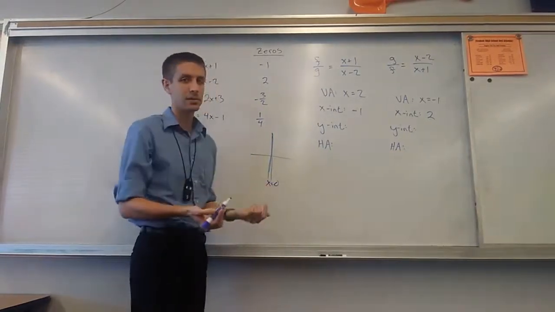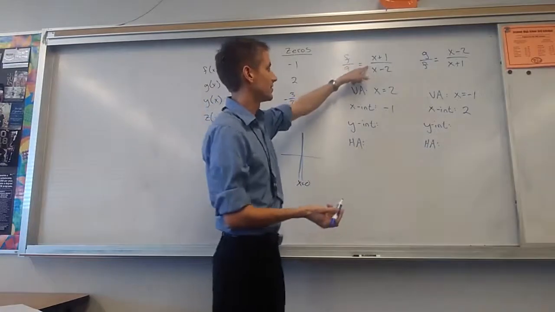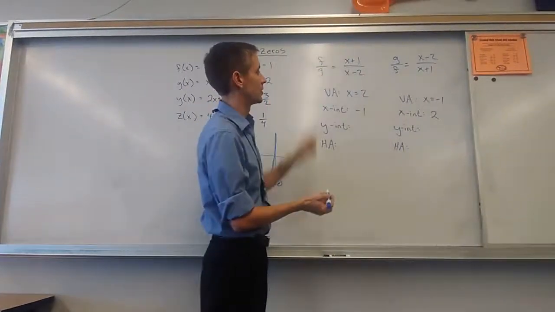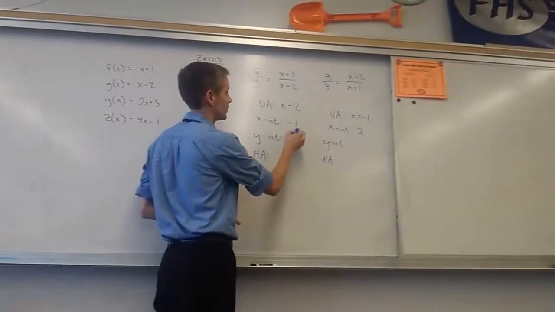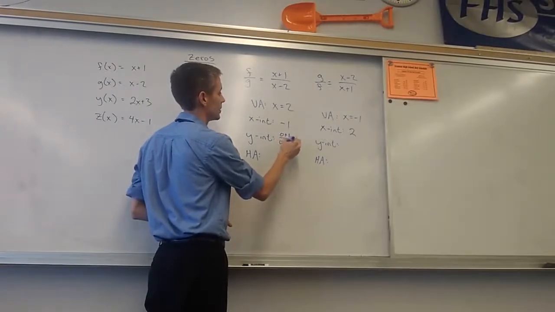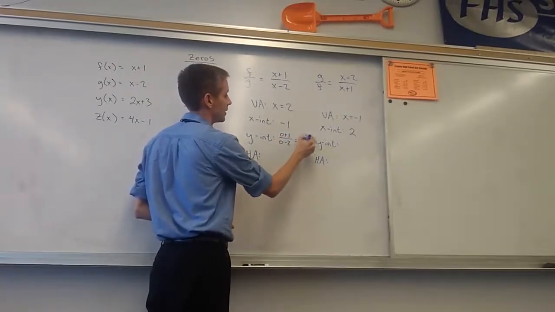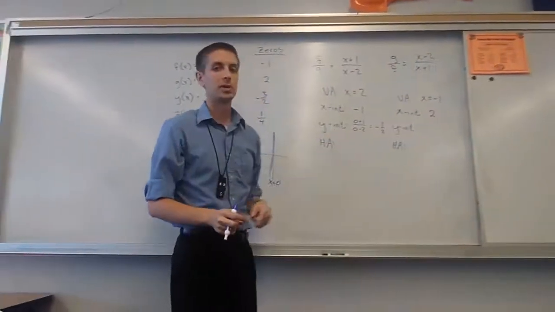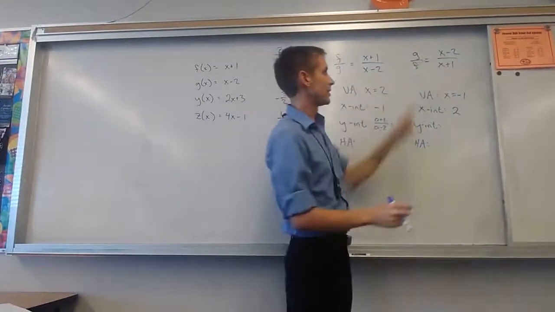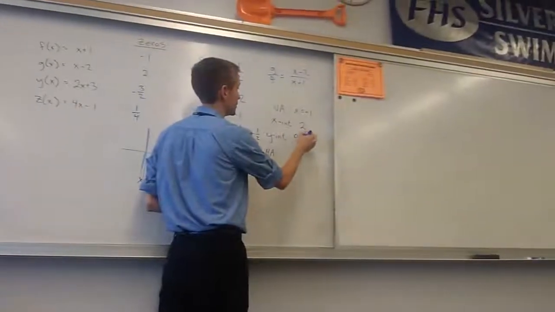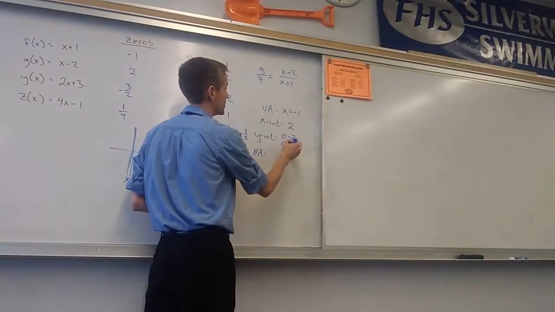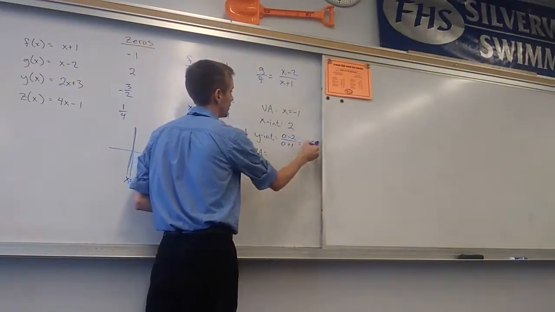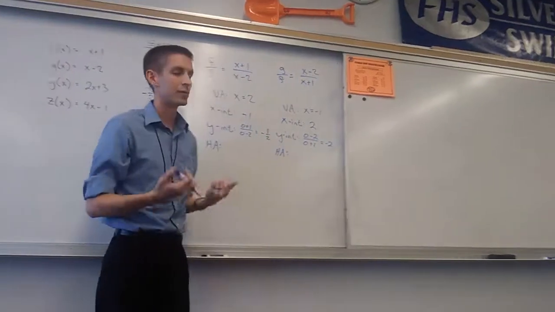So if I took this function and plugged a 0 in for each one of those x's, I get 0 plus 1 in the numerator, 0 minus 2 in the denominator, I end up getting a negative 1/2 for my y-intercept. Similar thing here, if I plug in the 0, I get 0 minus 2 over 0 plus 1, ends up giving me a negative 2 for the y-intercept of that function.